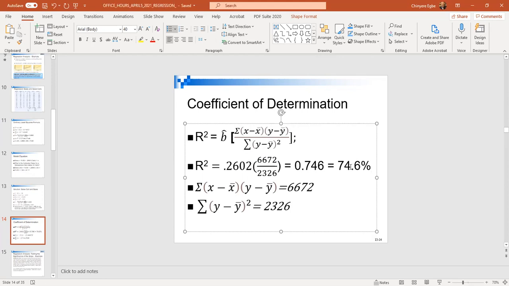So there is still the 25.4% that is not explained by sales calls, which I said to you could be your luck, it could be your personality. Your luck has two parts to it: somebody doesn't have money, or somebody doesn't like what you have. So 74.6% of changes in sales performance is explained by the number of sales calls.